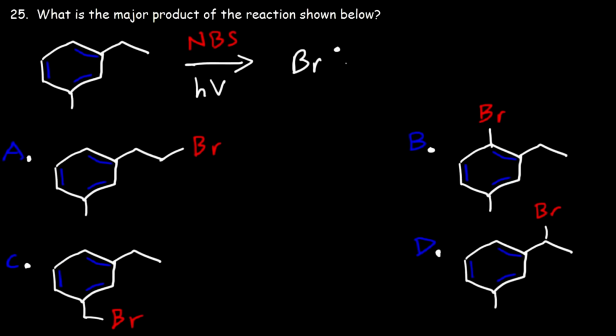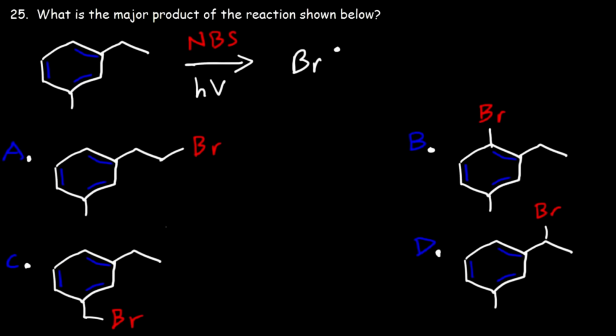In the last example, the reason why it went for the tertiary hydrogen is because of the stability of a tertiary radical. A tertiary radical is more stable than a secondary radical, which is more stable than a primary radical. So what we need to do is figure out which radical is more stable.